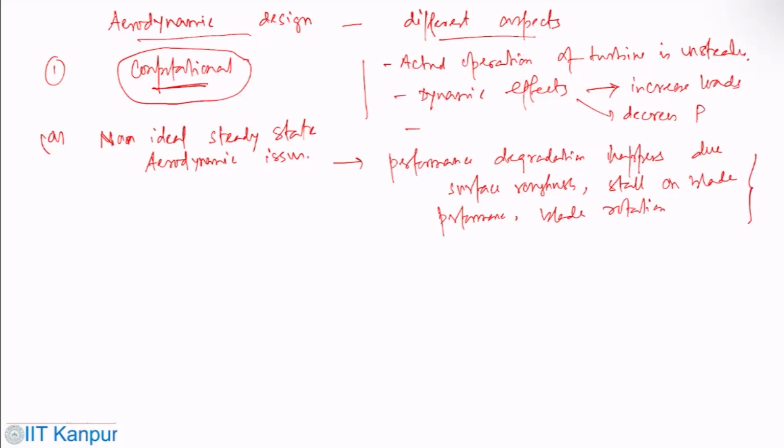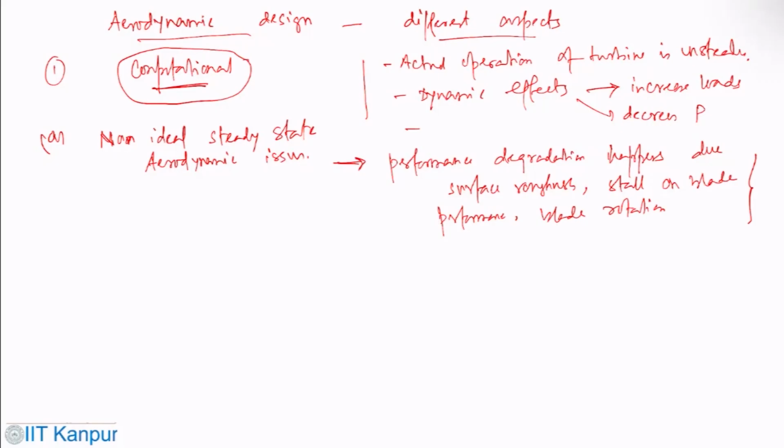So all of these are taken into consideration. Obviously, what happens is that the blade surfaces roughened by damage and debris can significantly increase drag and decrease the lift on the aerofoil.